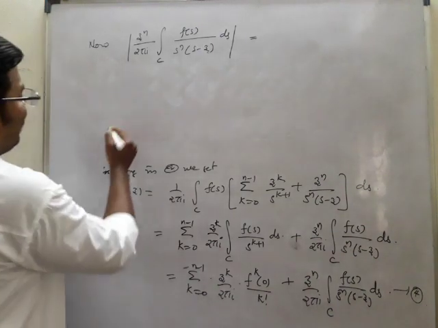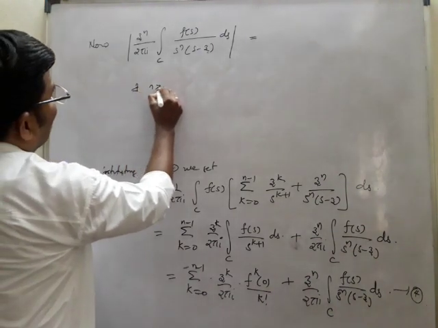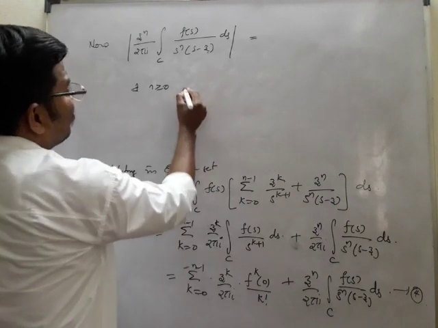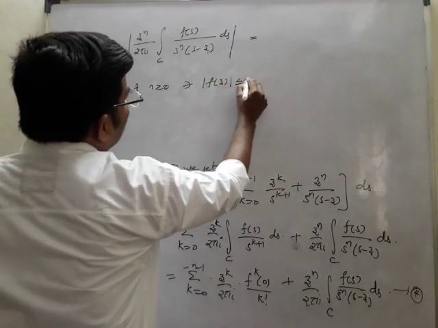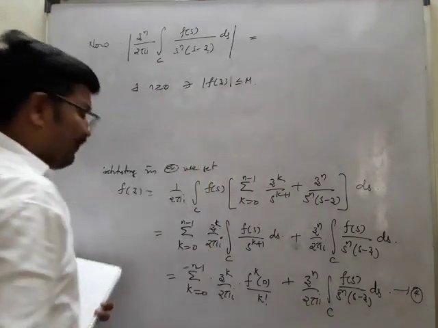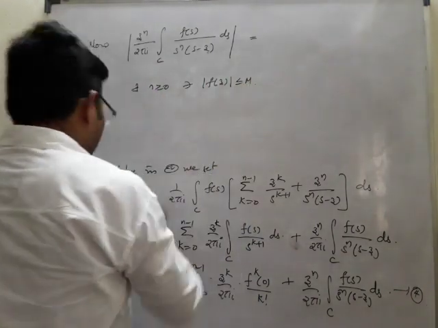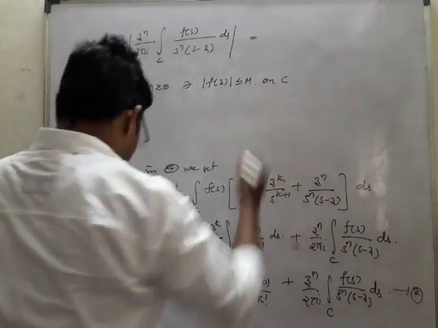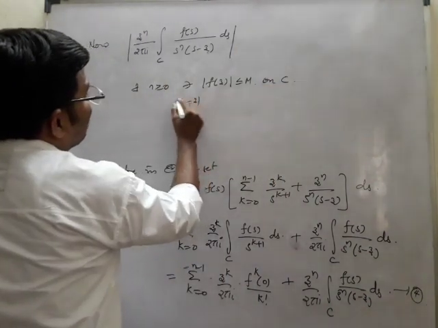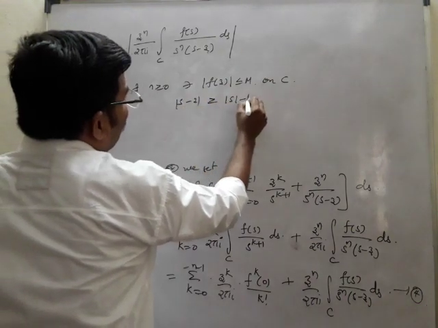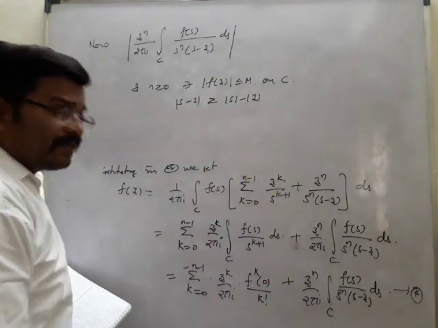So for example, there exists n greater than or equal to 0 such that mod f of z is less than or equal to some m, or you can say f of s also you can write less than or equal to m on c, and mod s minus z is nothing but greater than or equal to mod s minus mod z.